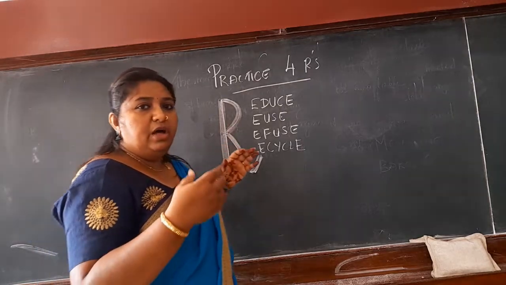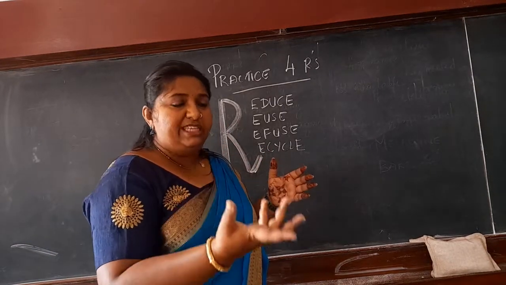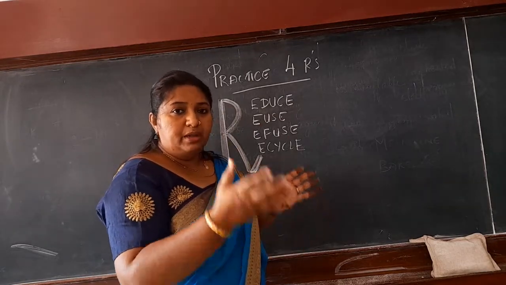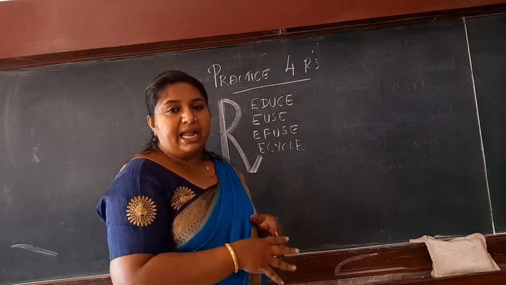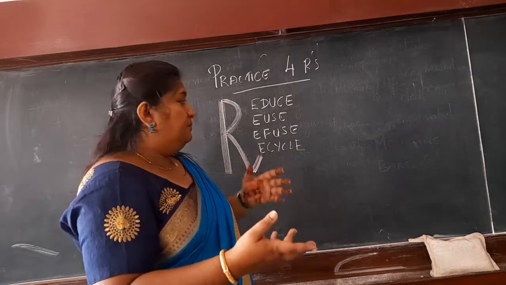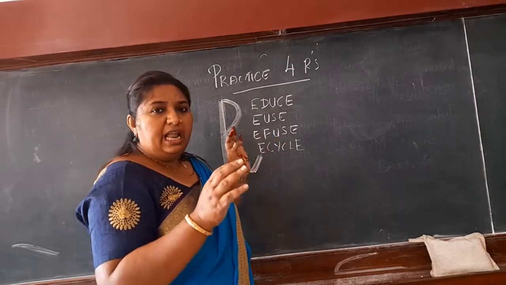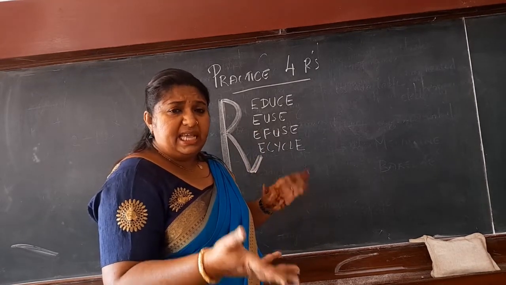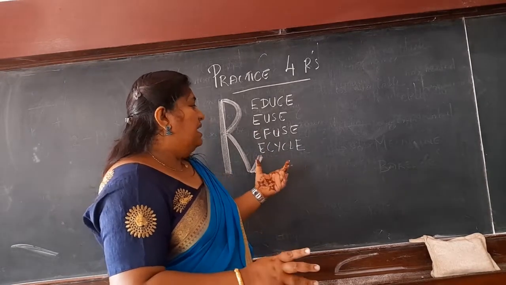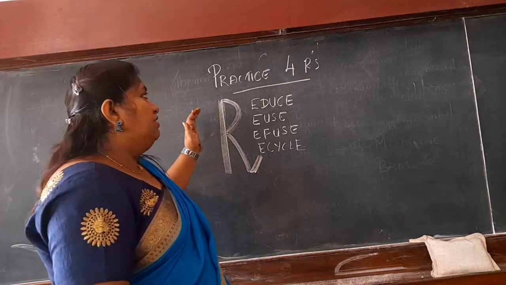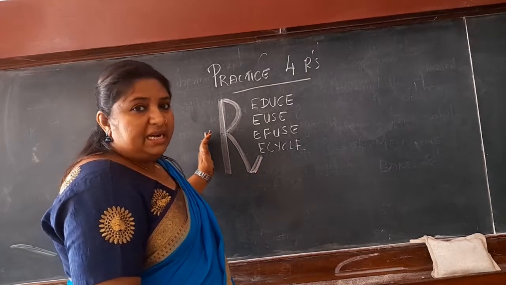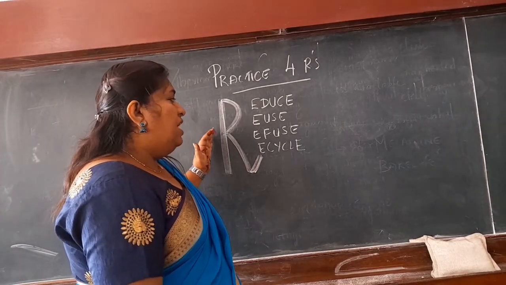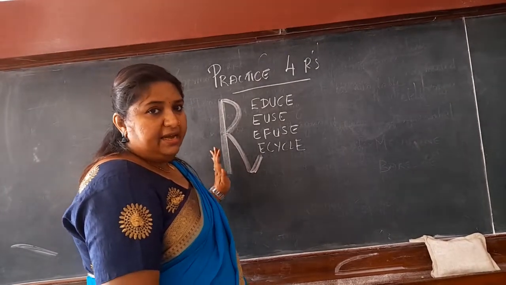Reuse: there are centers where you can give plastics. Collect the plastics in your home and give them to that place, and they will come and collect them and reuse them. Then refuse: never encourage using plastic, say no to plastic. Then recycle. So these are the four things we should practice to reduce the use of plastic: reduce, reuse, refuse and recycle.